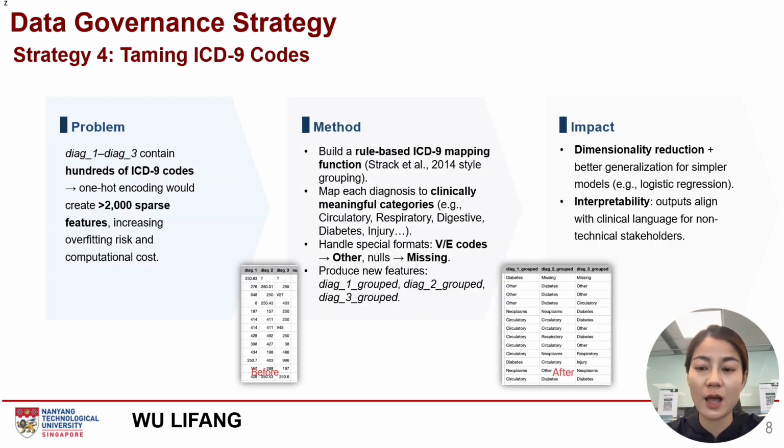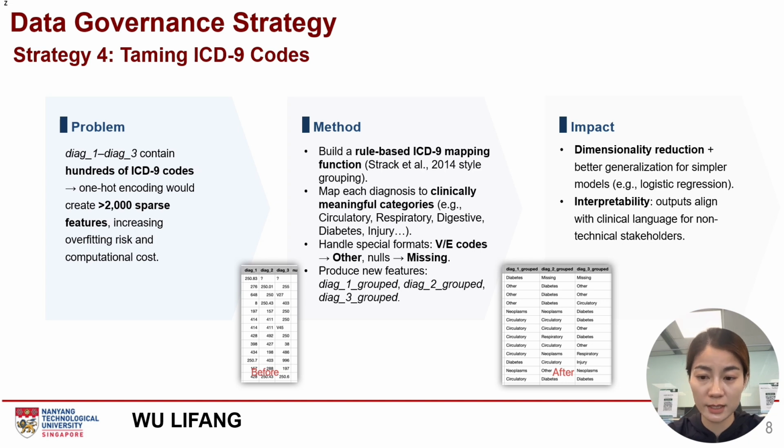This slide shows how we convert the raw ICD-9 diagnosis codes into model-ready clinical features. The original diag1, diag2, and diag3 fields contained hundreds of discrete ICD-9 codes, so naive one-hot encoding would generate over 2,000 sparse variables, increasing overfitting risk and making simpler models harder to train.